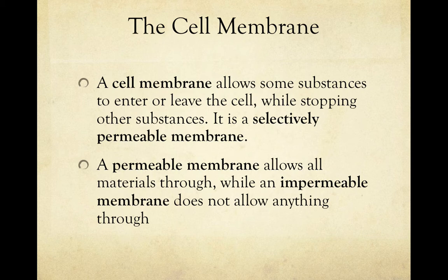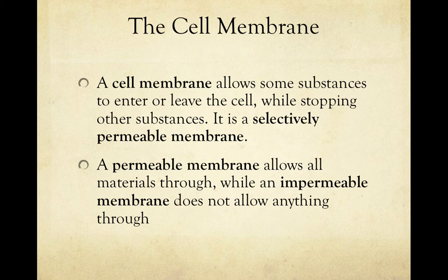So it selects what it will allow in and out, and also what it will not allow in or out. We use two words to describe substances that are allowed to enter and substances that are not allowed to enter. A permeable membrane is a membrane that allows all materials through, while an impermeable membrane doesn't allow anything through.